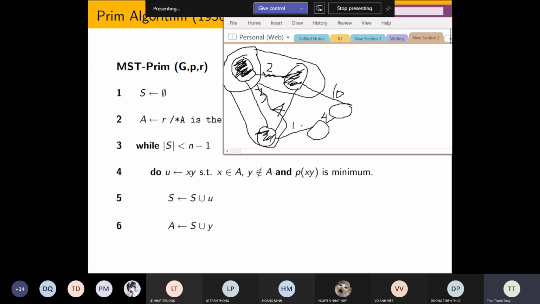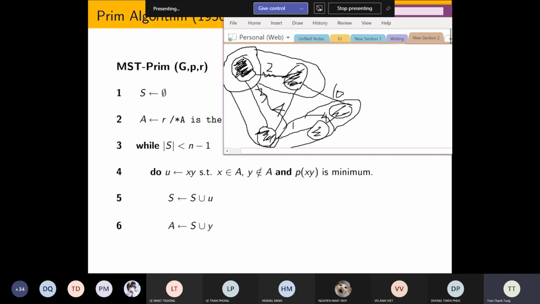So we consider 10 and 1. We consider 1 and take it here. Then we have 10 and 4, so we take 4, using this edge.